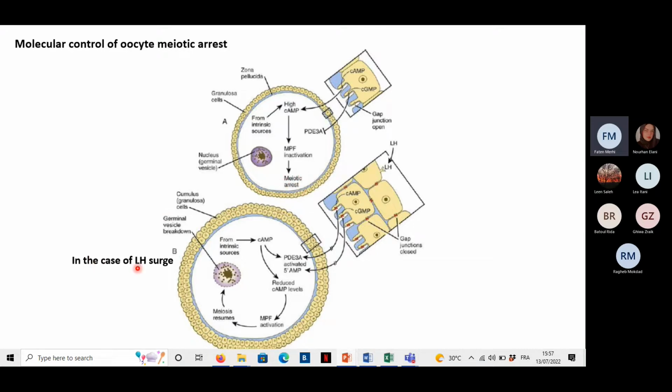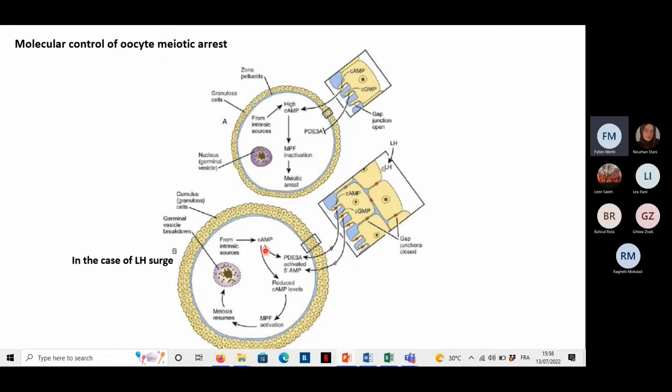Now, in the case where we have a surge of LH, what will happen? We have said that this LH surge will lead to a decrease in the OMI levels, and this decrease in the OMI levels will lead to the closure or the disruption of those gap junctions between the granulosa cells and the oocyte, and thus the cyclic GMP can no more enter inside of the oocyte.